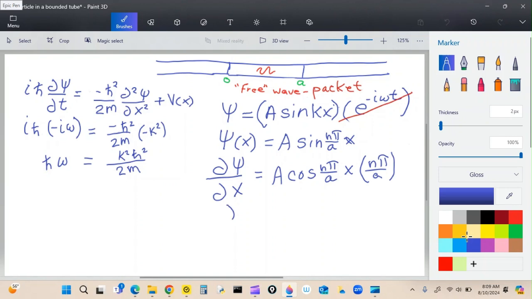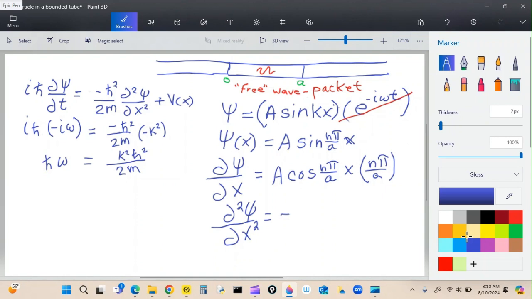And the second derivative. Trying to go quickly here so I don't lose your attention. And by the way, this video is going to take more than one to get to the hydrogen atom, so don't lose your train of thought. Keep looking up the video. The next video is going to be about a harmonic oscillator. Now, derivative of the cosine is negative sine.